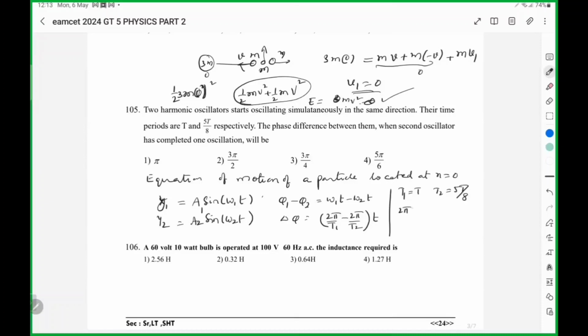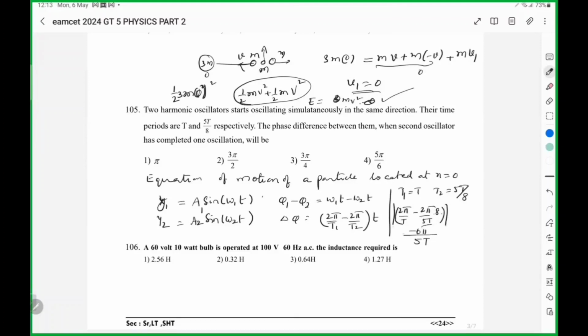So that is 2 pi by T minus 2 pi by T by 8. So at t equal to 5T by 8 we get 10 pi minus 16 pi.